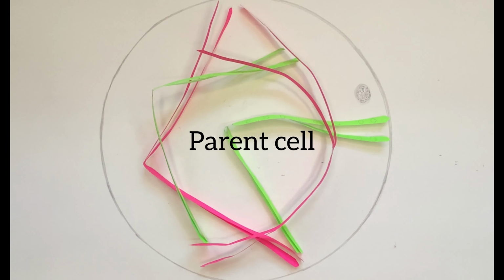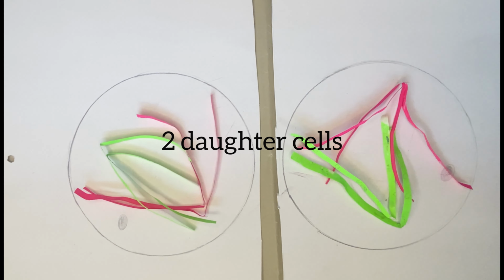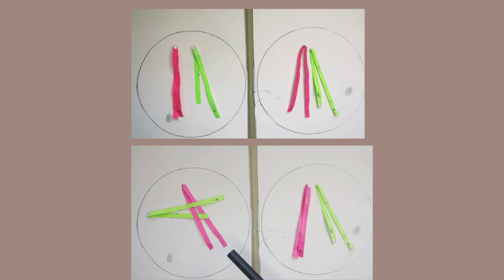Meiosis begins with one parent cell. After the first division, there are two daughter cells, and then those each split, resulting in a total of four daughter cells. Four haploid cells in which each chromosome has just one chromatid. The gametes produced in meiosis are all haploid, but they are not genetically identical.